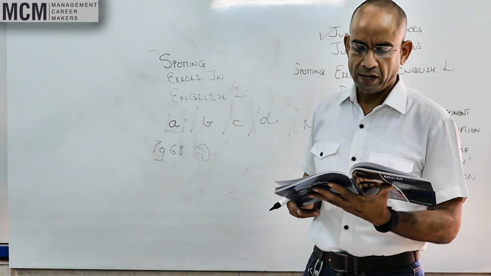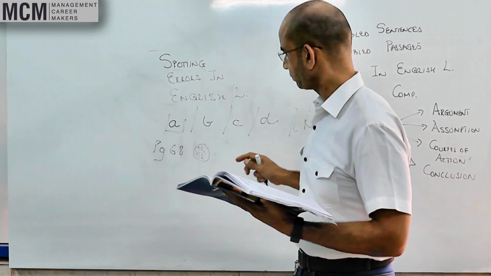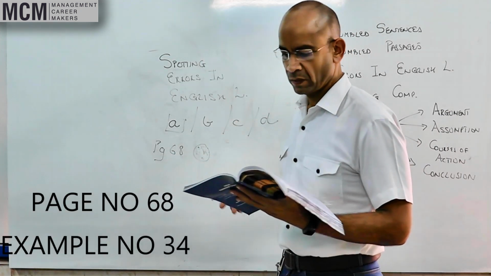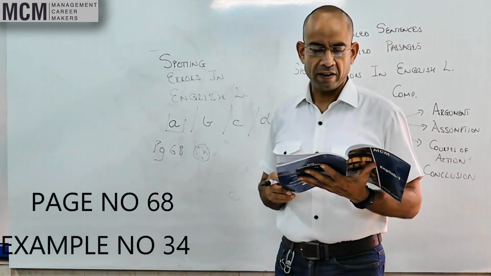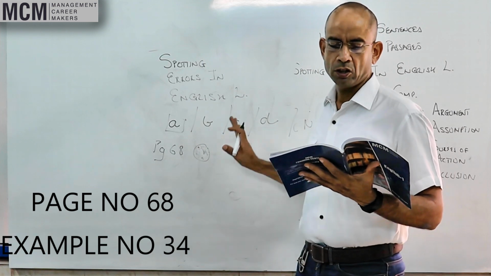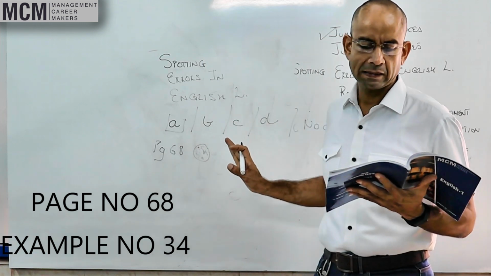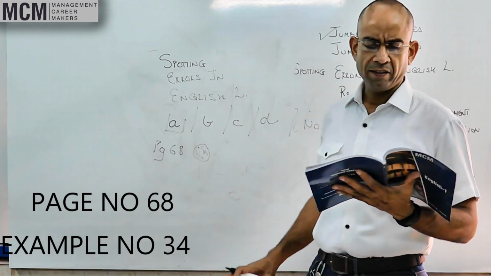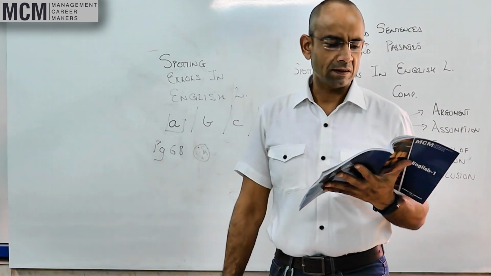Let's look at number 34. These facts make it very clear that he has hand in the murder, though he still pleads innocence. Again, it is divided into A, B, C, D, and E. Read it again with fluidity in the sentence.